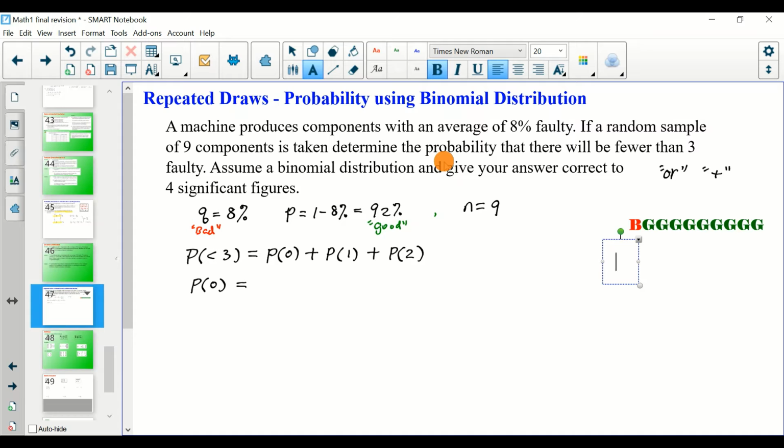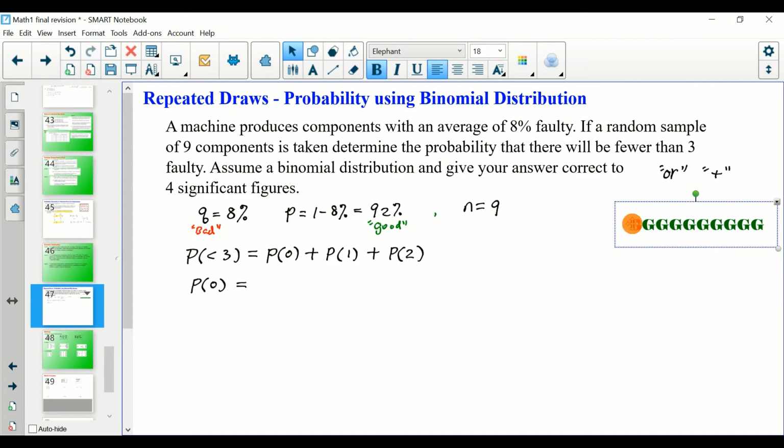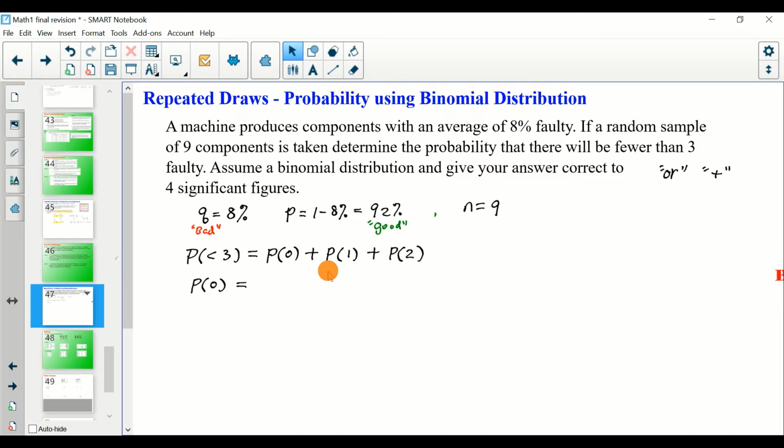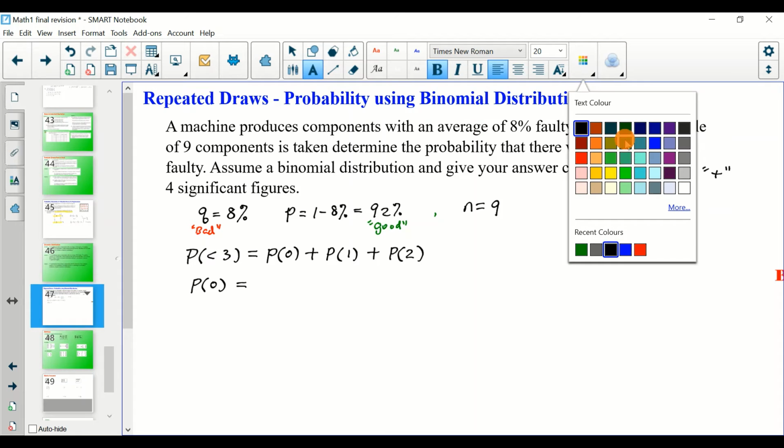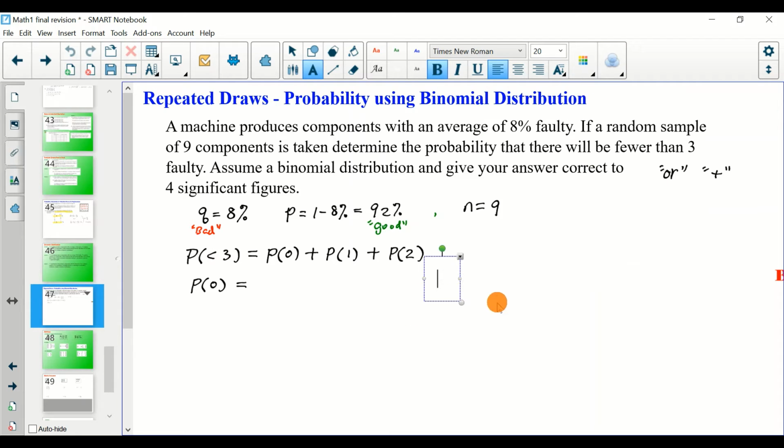That's a situation that nothing is faulty, a situation where everything is good. So if I have 9 products, there will be G, G, G, G, G, G, G, G, G. That's the situation where nothing is faulty.